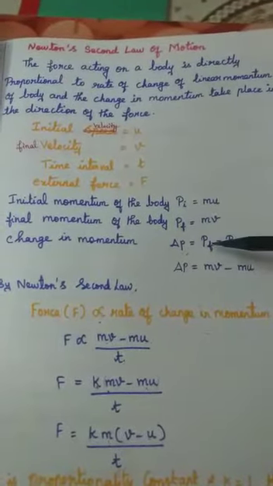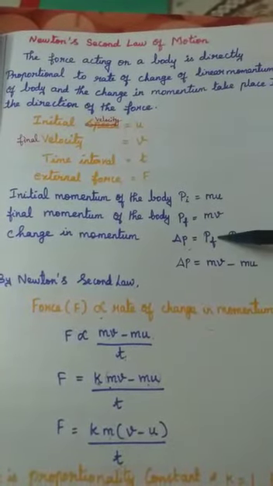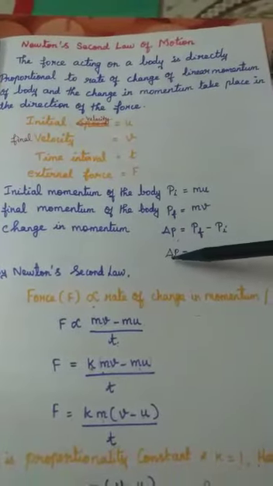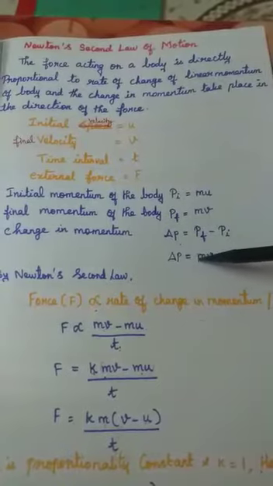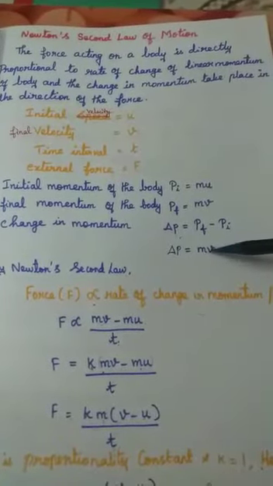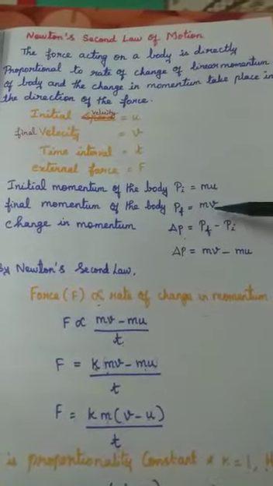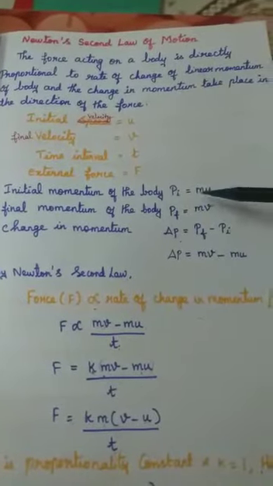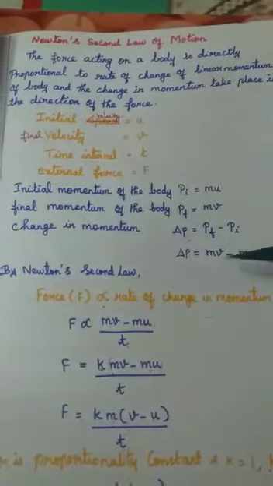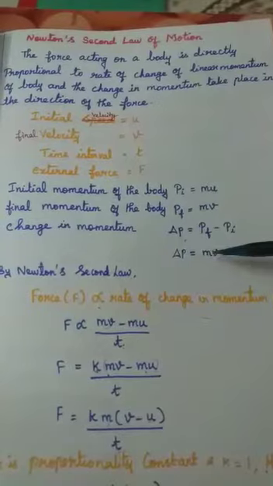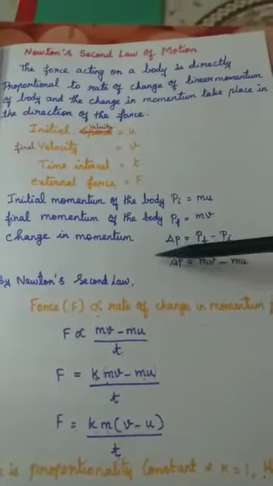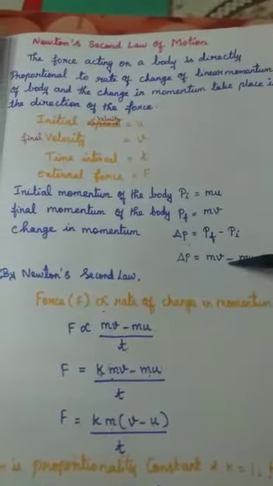We substitute the values of Pi and Pf in this equation. Now we get that the change in momentum delta p is equal to mv, the value of Pf, minus mu, the value of Pi. So, finally, delta p is equal to mv minus mu. This is the change in momentum.